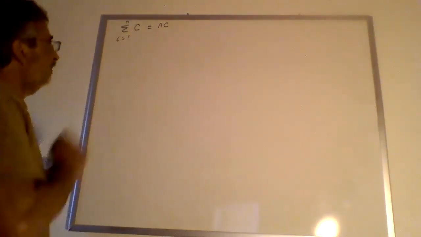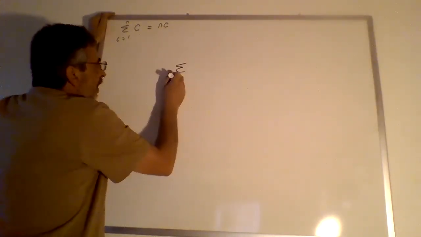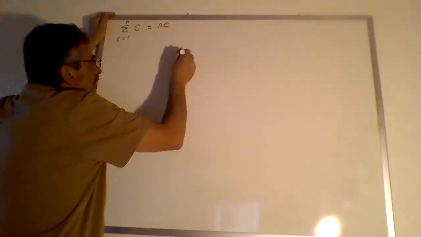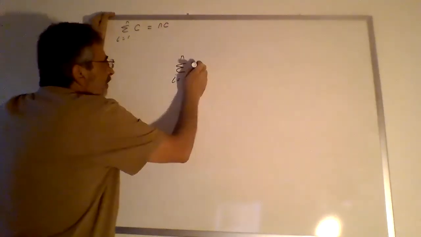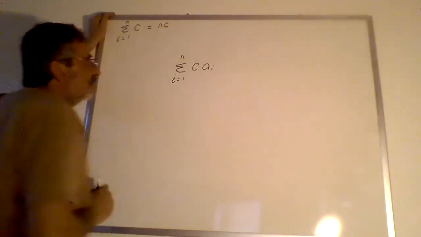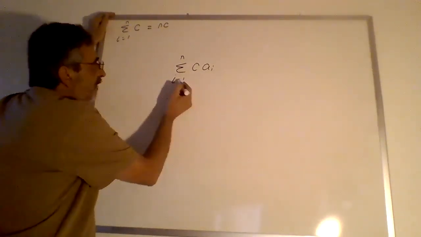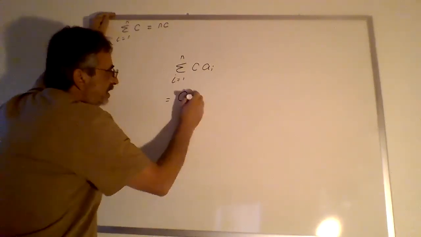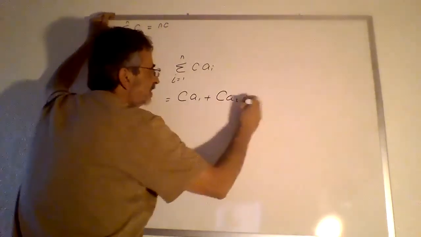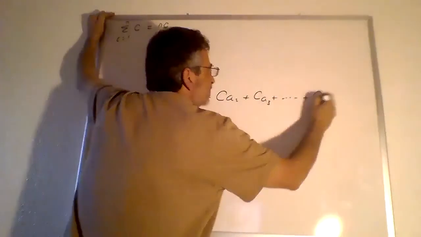So if we have, for example, summation i equal 1 to some number, I'll just say n, of some number C times a_i. Well, what's that equal to? If I put 1 for i, it's going to be C a_1 plus C a_2 plus C a_3 plus C a_n.